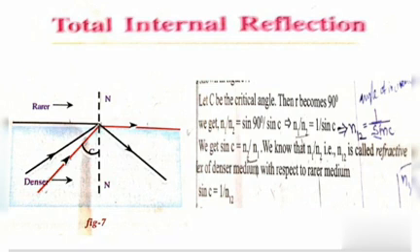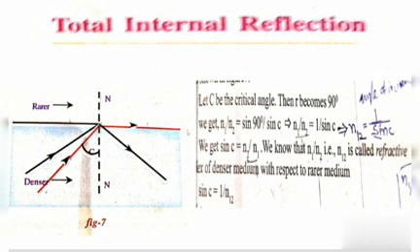So when light travels from denser medium to rarer medium, at a certain angle of incidence the refracted ray travels along the surface separating the two media. That angle of incidence is called the critical angle.